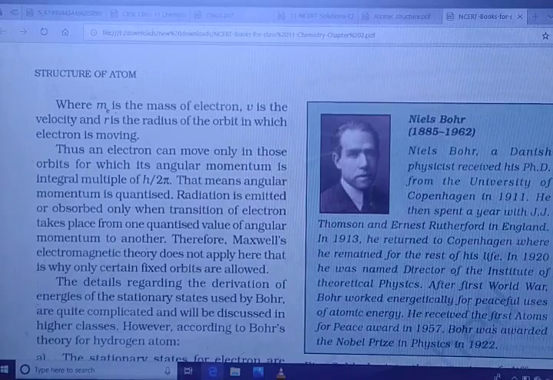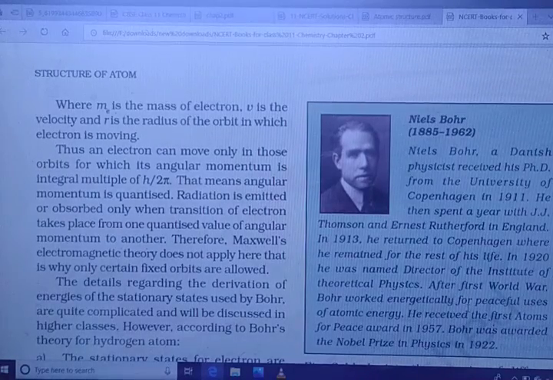First of all, you should know the concept that as the electron emits or absorbs energy, the electron will make a transition. It will move from one quantized angular momentum to another quantized angular momentum. Maxwell's electromagnetic theory has not explained why only certain fixed orbits are allowed.